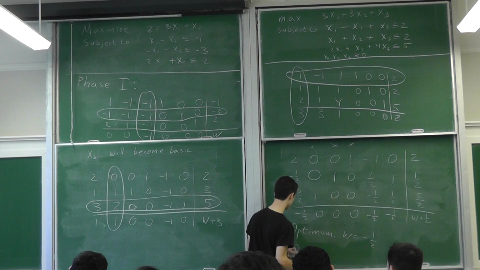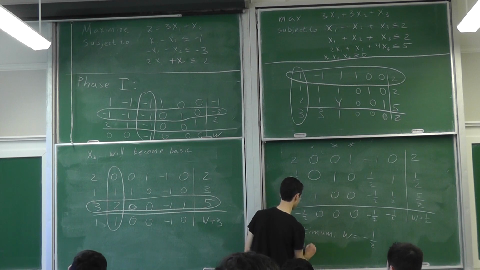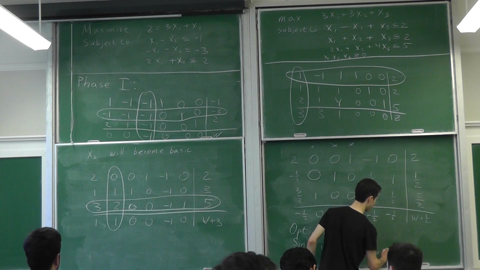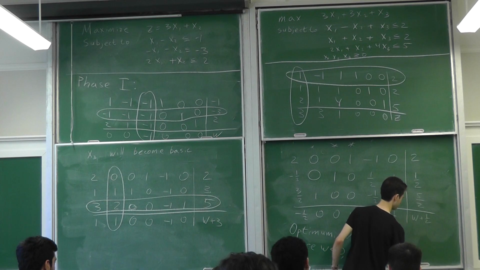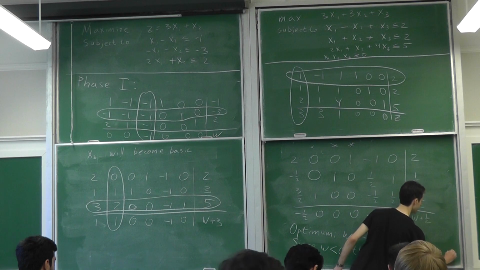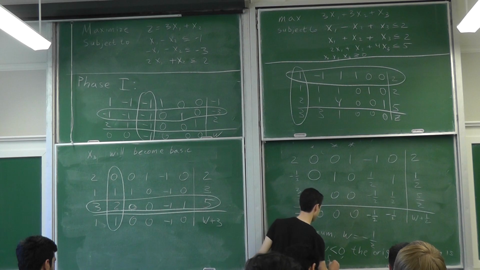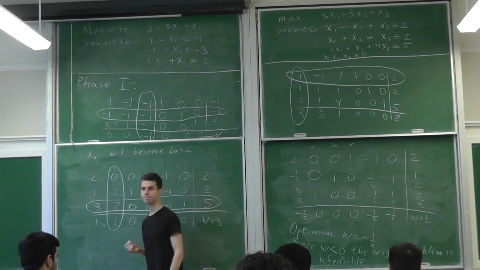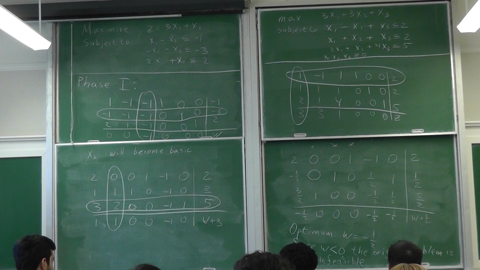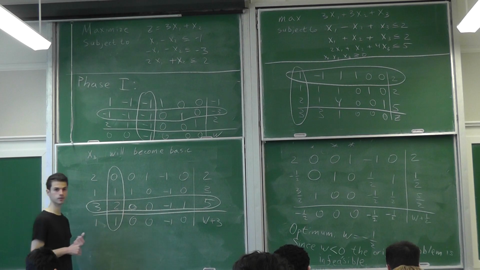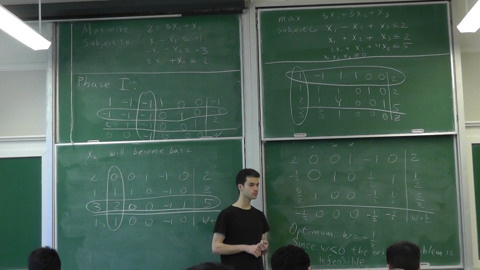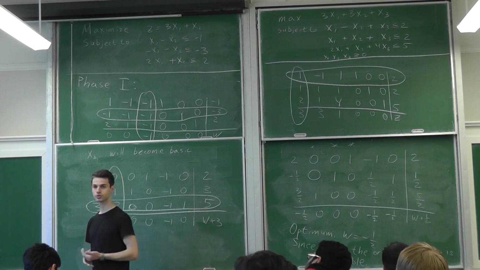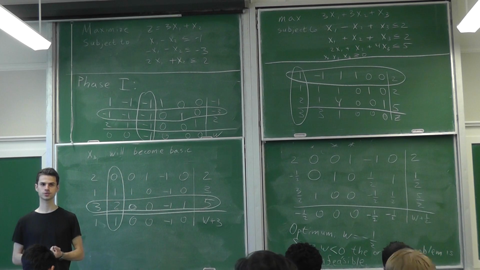So since W is strictly smaller than 0, the original problem is infeasible. Okay, so we solved the original problem, it just happens not to have any solutions. Okay, so maybe any questions about this?